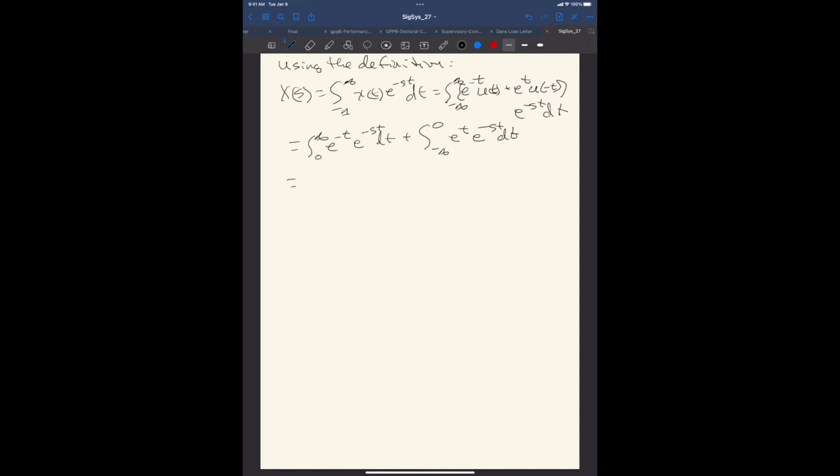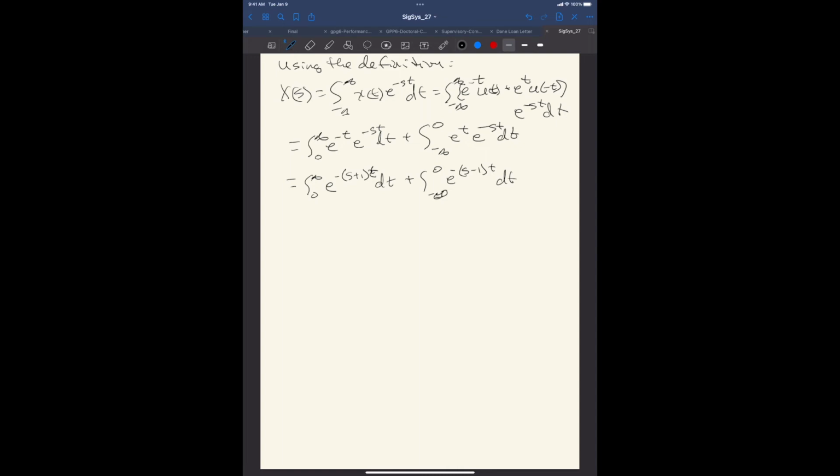Normally, we would combine these: 0 to infinity, e to the minus s plus 1 times t dt, and then I have the other side, minus infinity to 0, and again I'm going to have an e to the minus s minus 1 t, so I have e to the t and e to the minus st dt, right?